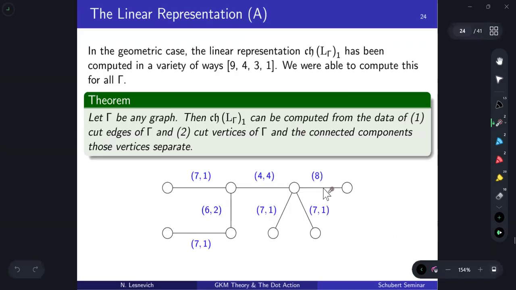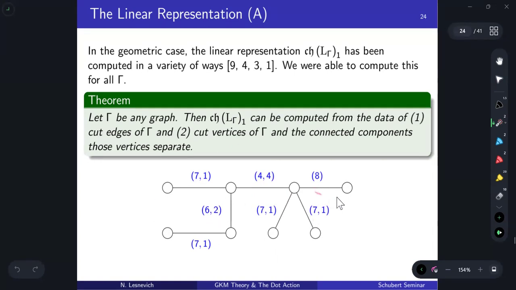I have here associated to every edge in a tree, so every edge is a cut edge. Specifically in tree land, I'm not going to have to worry too much about cut vertices. I've associated the pair of numbers giving the size of the two graphs that removing that edge cuts it into, right? So if I remove this edge, I'll get size 4 and size 4 for this side and this side.